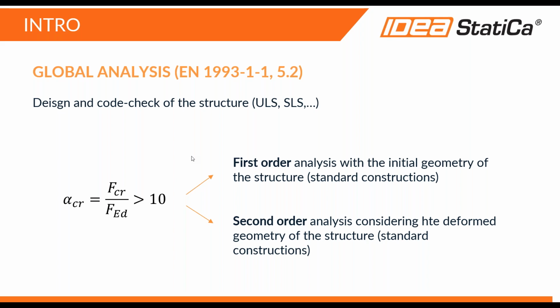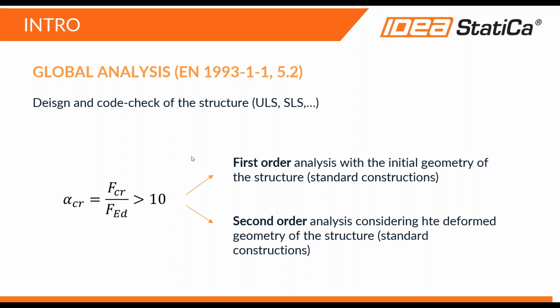You calculate the critical force over the whole structure divided by the load effects. The criterion value is 10. So if you don't fulfill this, the first order analysis is good enough with the initial geometry of the structure.